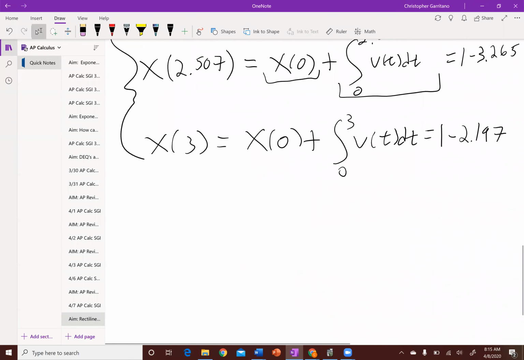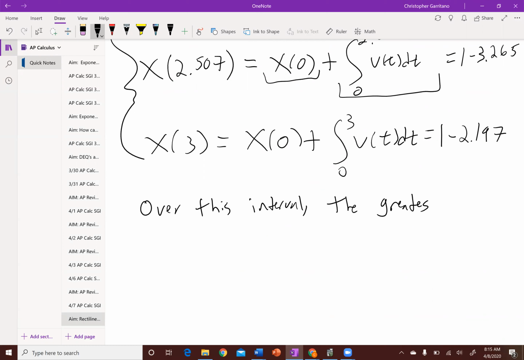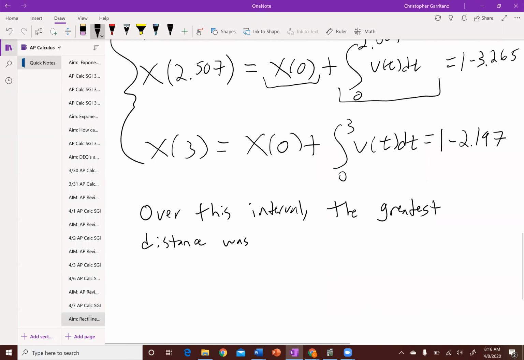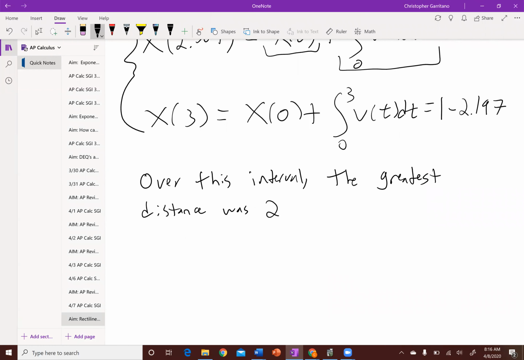So we would say something like, over this interval, the greatest distance was 2.265 units, whatever the heck they were.